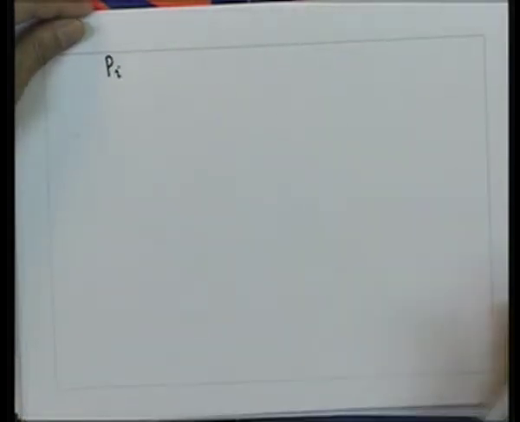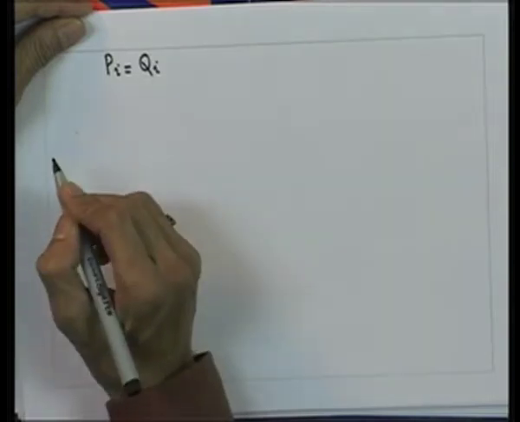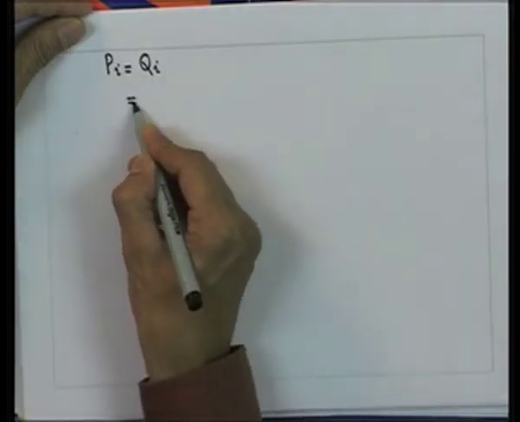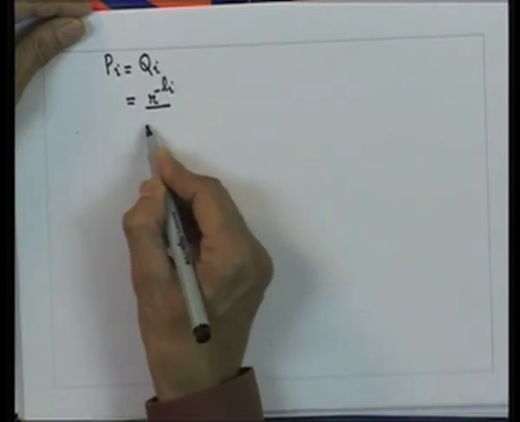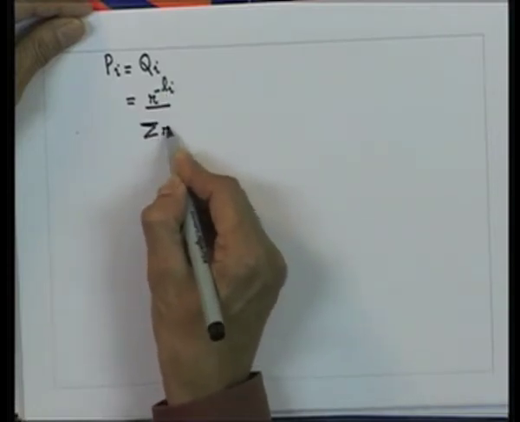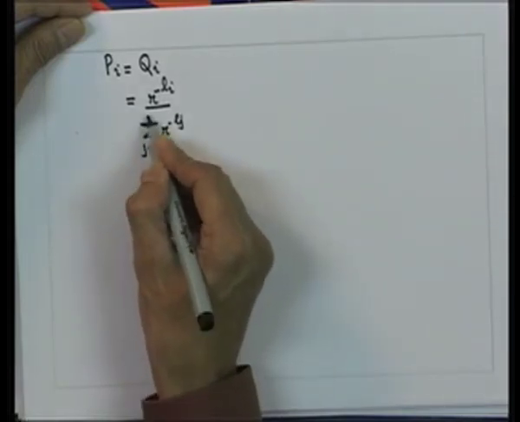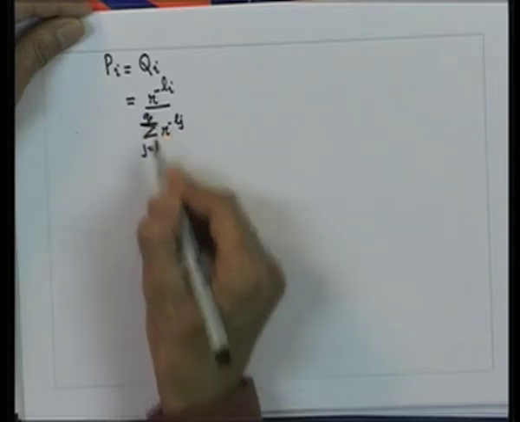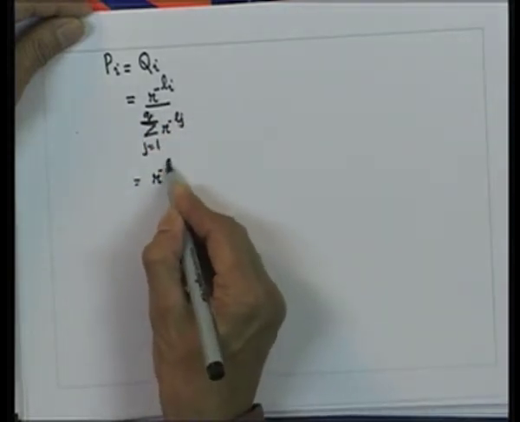Pi should be equal to Qi for all i. What this implies is that Pi equal to Qi, and the sum is equal to 1.